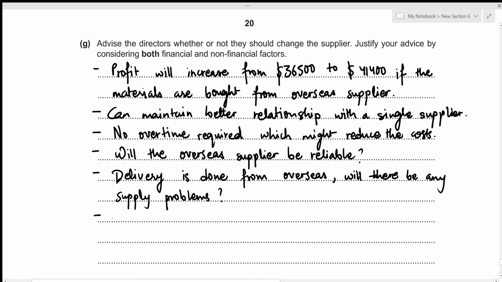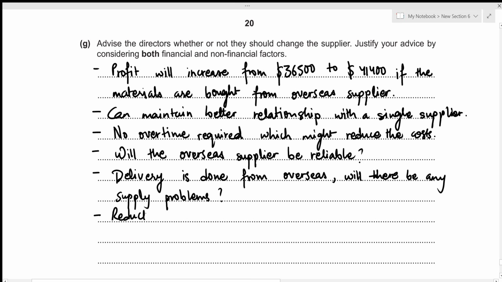Nextly, we are reducing the number of outputs if we are considering the overseas supplier, because previously we had been producing 9,000 units, but with the overseas supplier we can only produce 7,600 units. So this reduction in total output might lead to possible reduction in customers as well, right? Because we might not be able to reach the demand. So that can be a disadvantage as well.